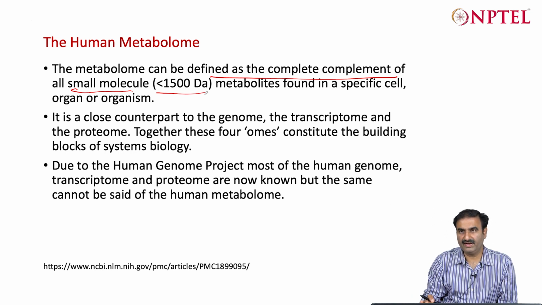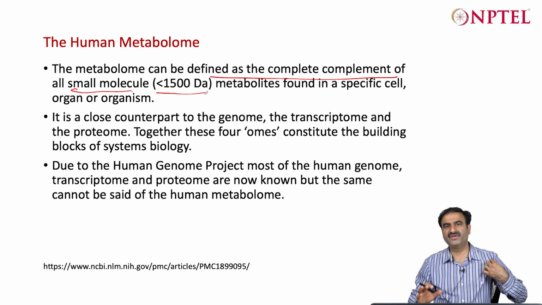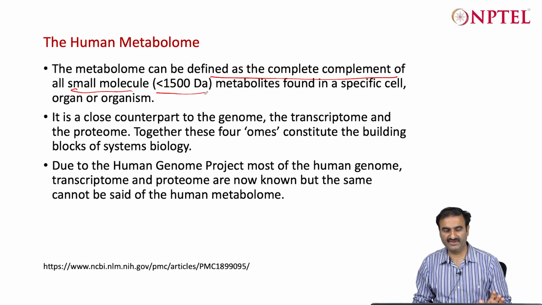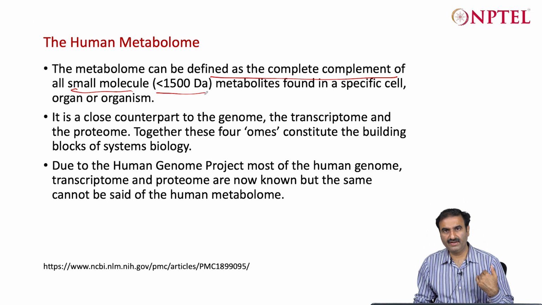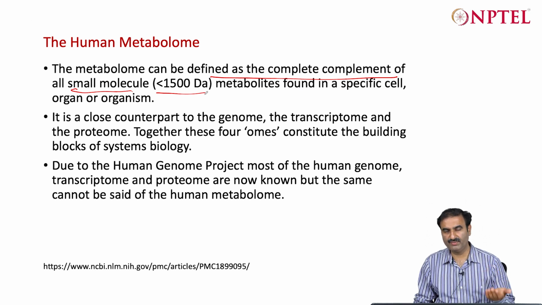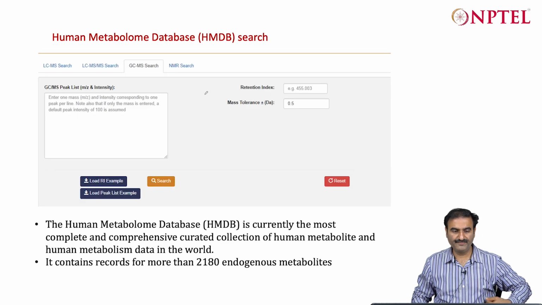This data, or metabolomics, is used along with the genomic, transcriptomic, or proteomic approaches, and together they constitute the overall systems biology approach to understand the system. The metabolome is a recent, evolving field. Though we have a lot of data in the human genome, transcriptome, and proteome, in the metabolome the data is coming up, and still lagging behind the other omes.